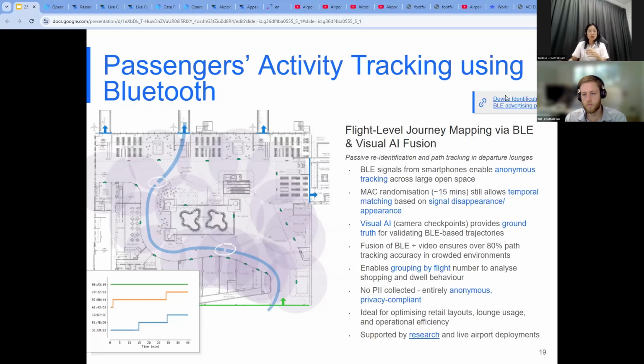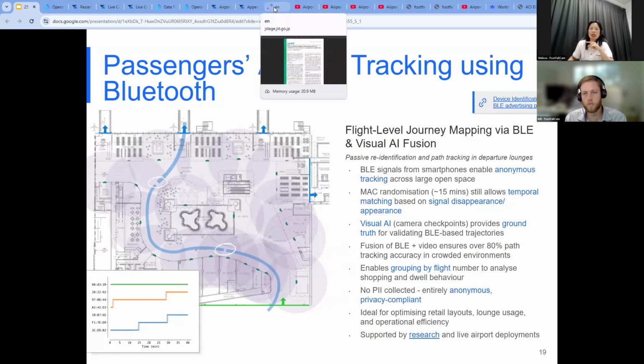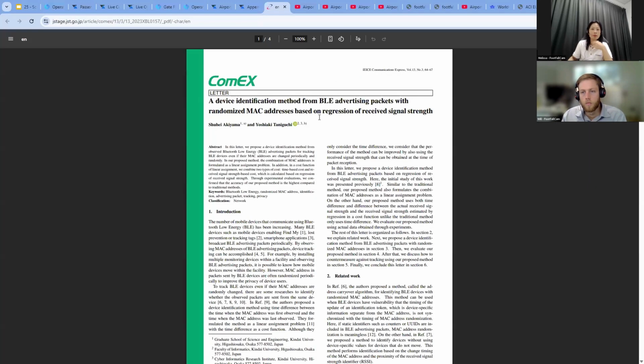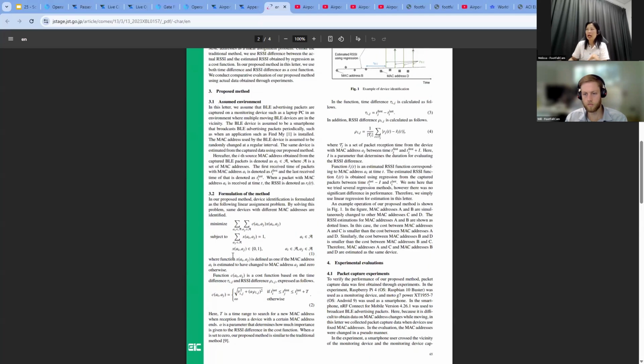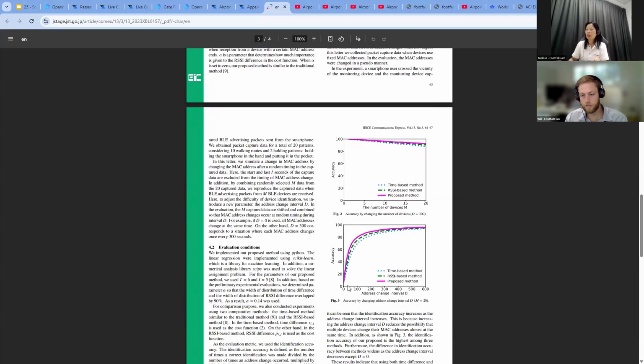And here is a research article that explains how to track even with MAC randomization. It tells you how they scientifically do that and how they came up with a different method.